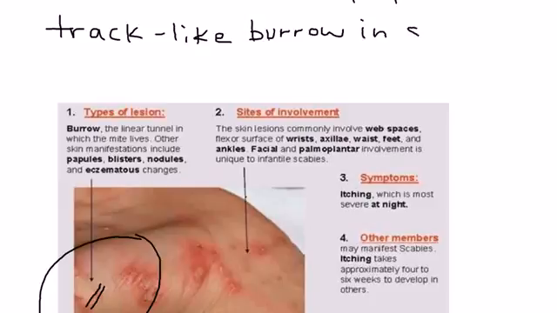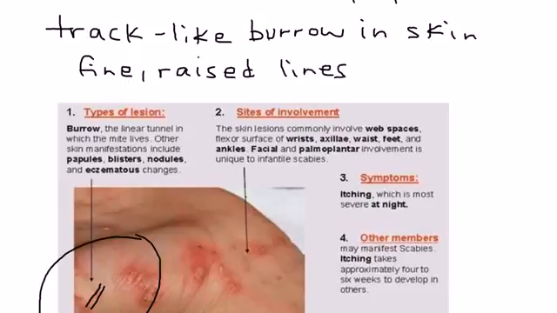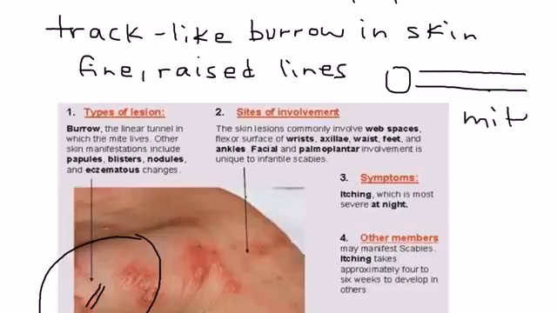And of course it's in the skin, in the epidermis, and it's fine, raised lines, and there's a papule at the end. The important thing to remember is that the mite actually lives inside.